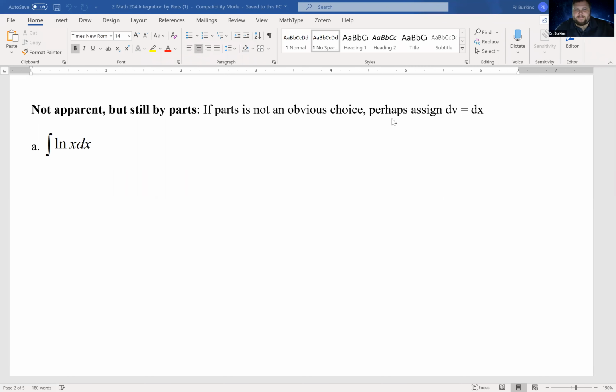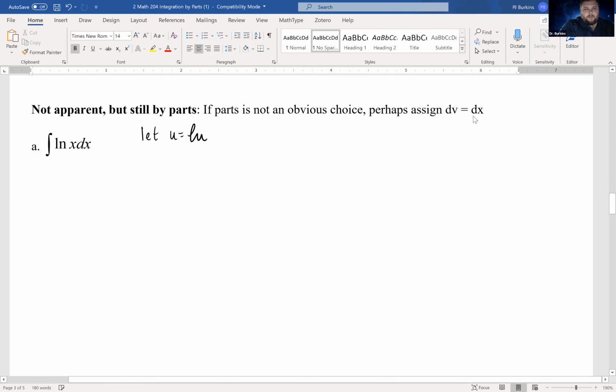Notice it says perhaps assign dv to just be dx. So I'm going to let u equal the natural log, and dv is just dx. Then it's my task to calculate du and v.